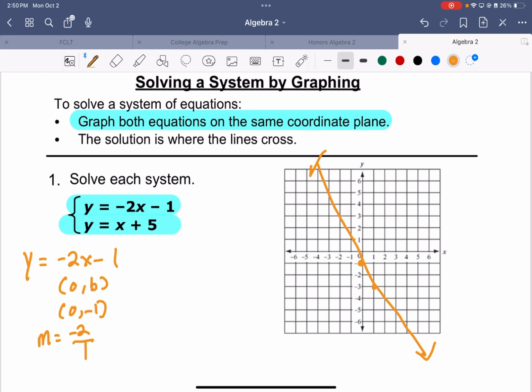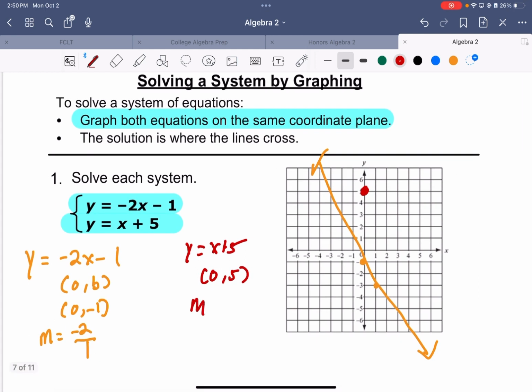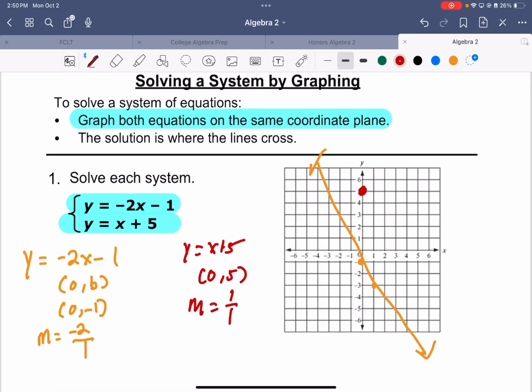Now we graph the second one. The second one is y is equal to x plus 5. Our y-intercept, again, is (0, b), so it's (0, 5). Put a point at 5. My slope is 1, or 1 over 1, so I go up 1 over 1. There's my points.